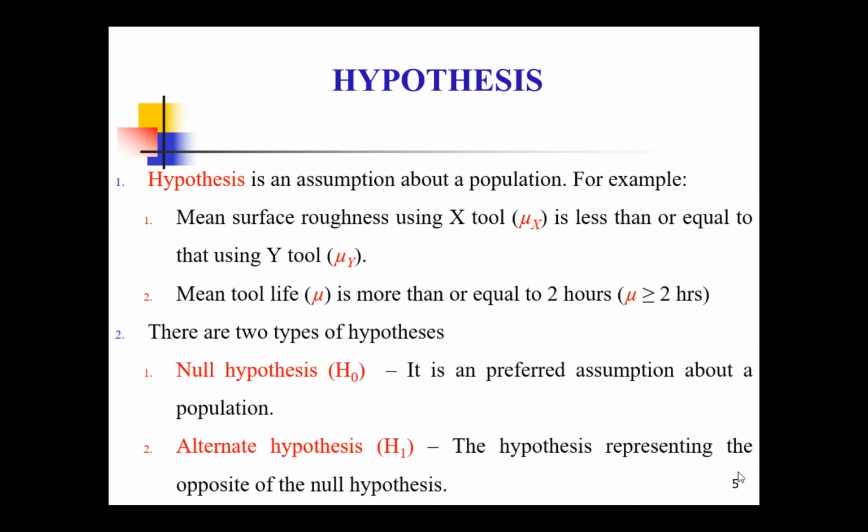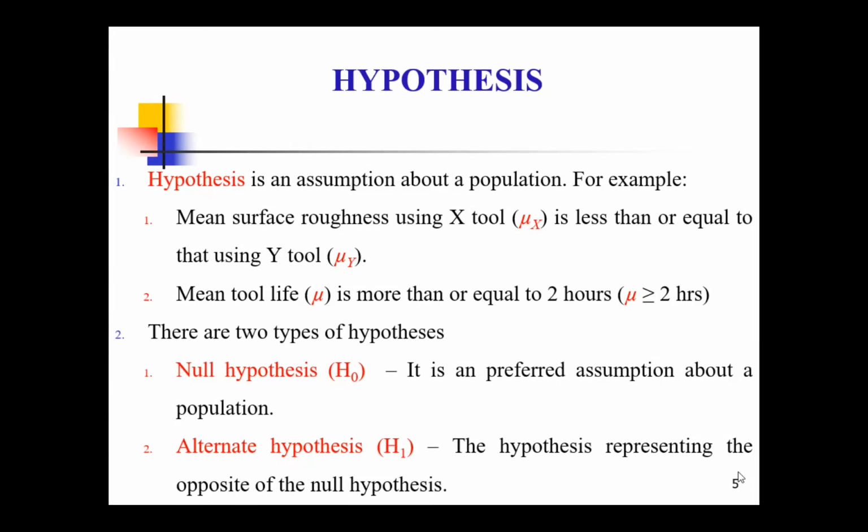These are some of the hypotheses, that is, the assumptions that we are going to make. Based on these assumptions, we have two different types of hypotheses. One is the null hypothesis and the other is the alternate hypothesis. The null hypothesis is the preferred assumption about a population, the sample populations. So it is the preferred assumption, what I am going to assume. The alternate hypothesis is the opposite of the null hypothesis.